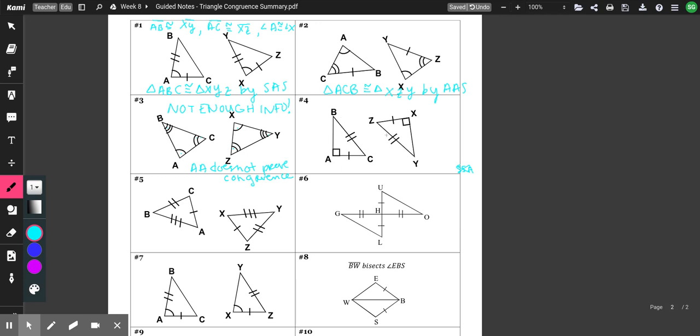Hypotenuse, leg. That only works for a right triangle. So I had side, side, angle, and it was a right triangle. So I can say triangle ABC is congruent to triangle A corresponds with X, B corresponds with Y, Z by HL, right? Notice I didn't write side, side, angle. I crossed that out. We don't like that word.